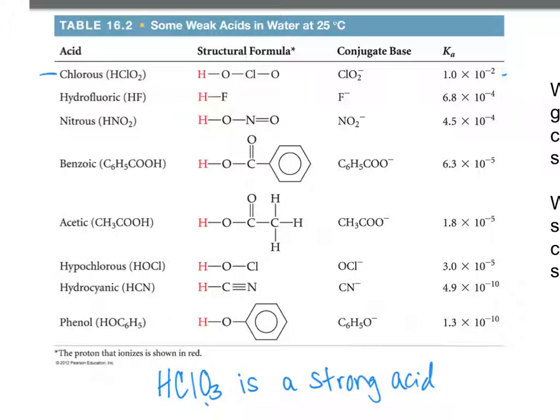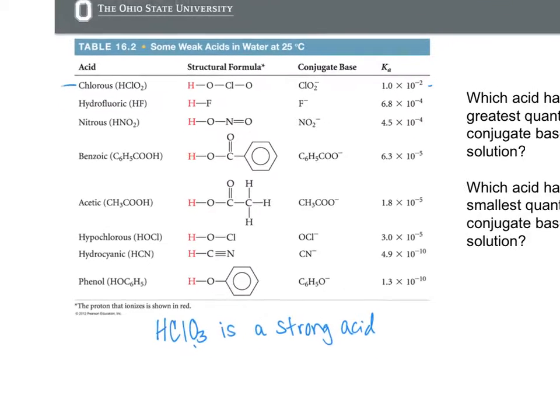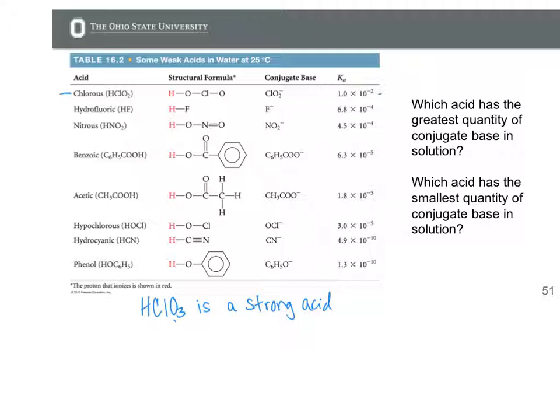So which of these acids will dissociate the most? Which means which will have the greatest quantity of conjugate base? That'll be those at the top of the list, the ones with the largest Ka. And then, of course, those at the bottom of the list don't dissociate as much.